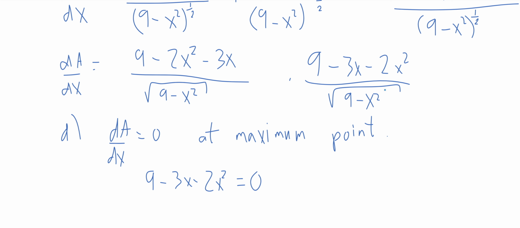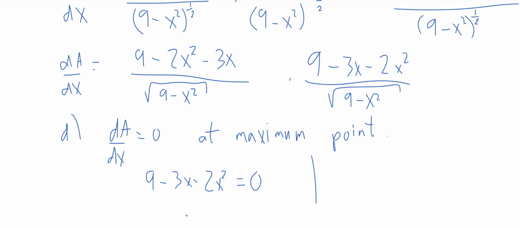Because when you have an expression that is a function over another function, so in effect a fraction, the denominator of the fraction can never equal 0. So you're not trying to solve root 9 minus x squared equals 0. In effect, you ignore the denominator and you just solve the top of the fraction equals 0, which is what we have here. 9 minus 3x minus 2x squared equals 0, which is a quadratic expression.